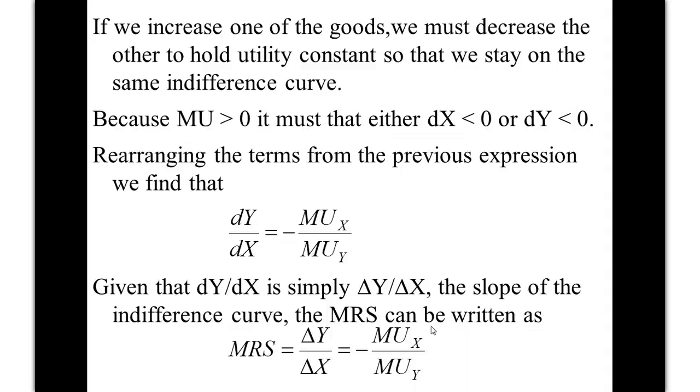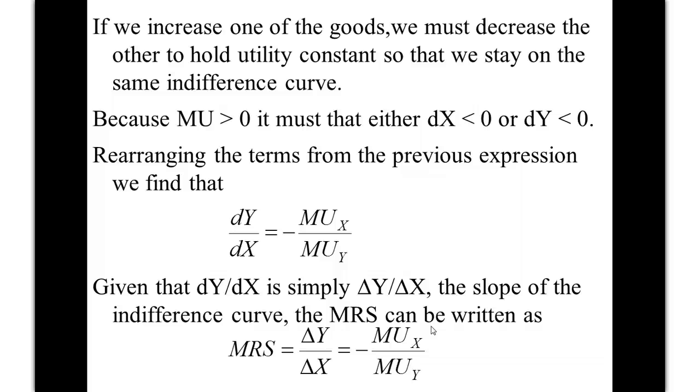Otherwise, we can't stay on the same utility function. Because marginal utility is positive, if you consume more of a good, you get more utility. So it must be either that the change in x is negative or the change in y is negative. To stay along the indifference curve, if you increase one, you must reduce the other.